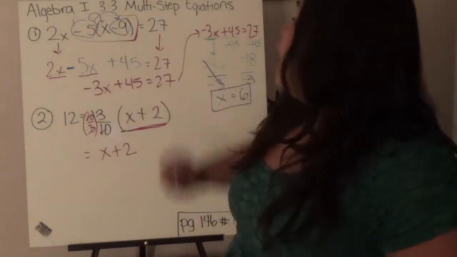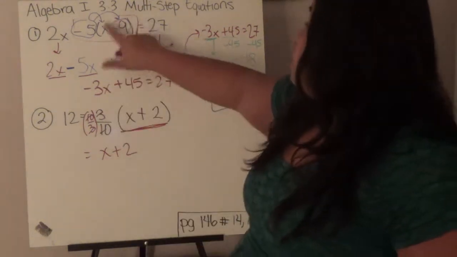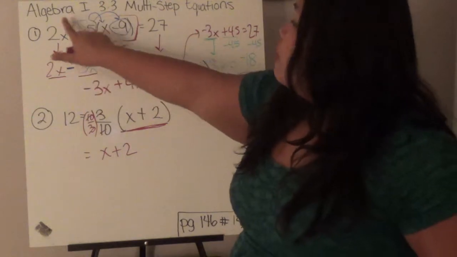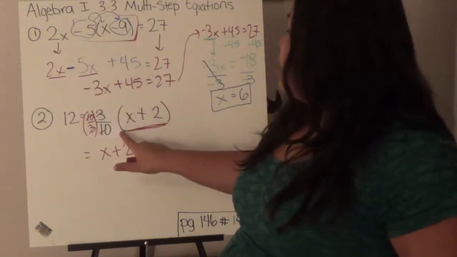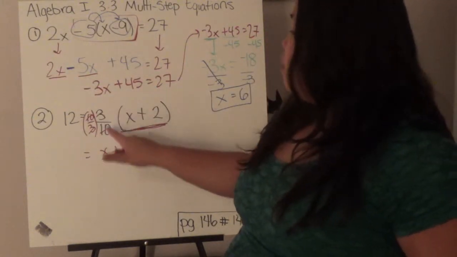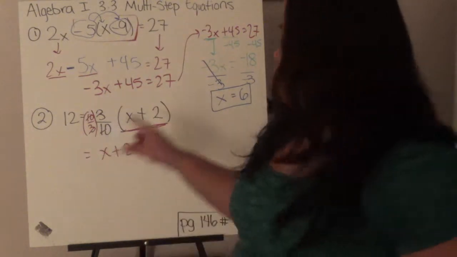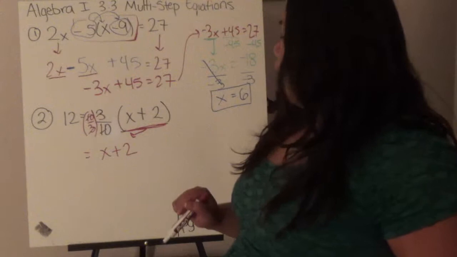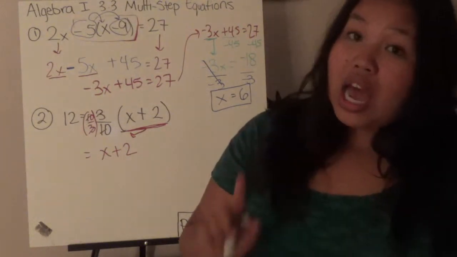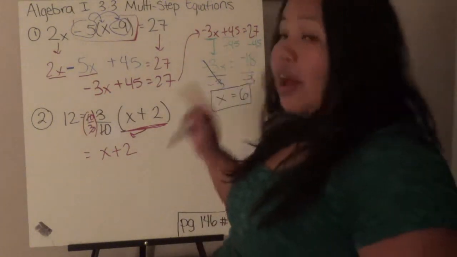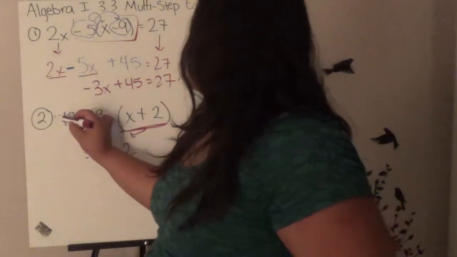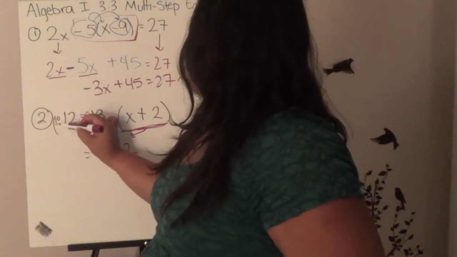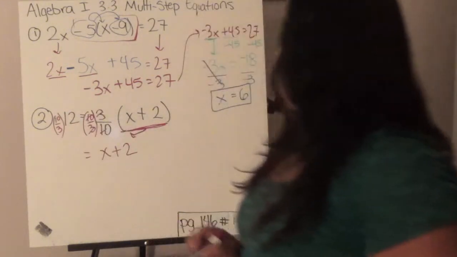I know in the first one I needed to. The reason why I needed to distribute is because I couldn't get rid of it, because this was connected. But in this case, because I could get rid of the 3 over 10, I then can just bring down my equation without the parentheses. Okay? Now again, I did something to one side, so I have to do it to the other. So I have to multiply this by 10 over 3.